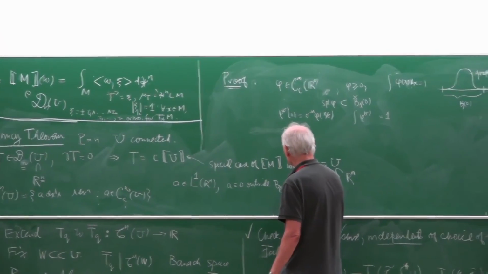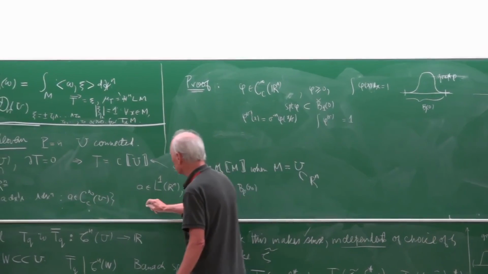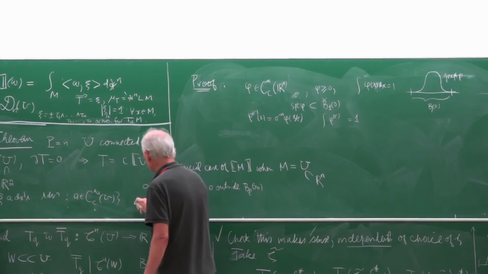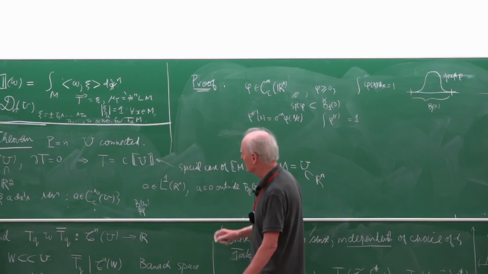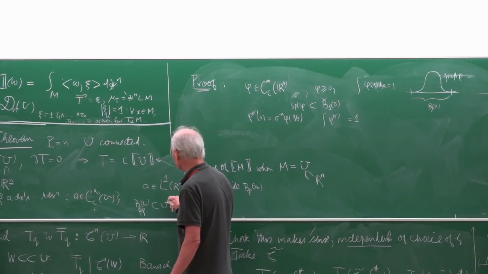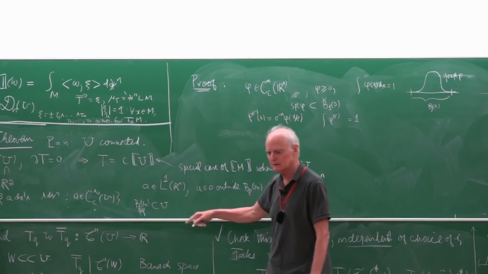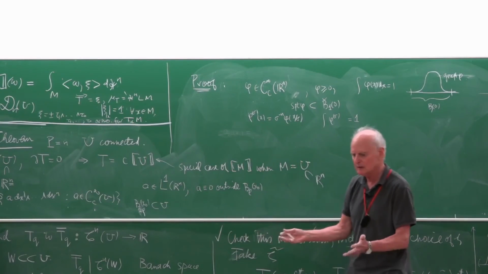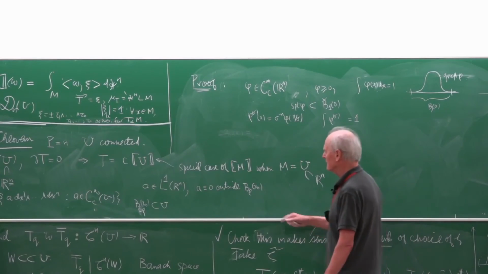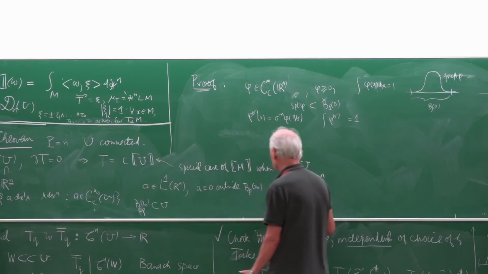Take any point x0, take rho positive. Take any ball, actually it's more convenient to take a ball with twice the radius, B of 2 rho, to be contained in U. So this is an arbitrary ball contained in U, centered at some point x0, doesn't matter where. And take an L1 function A.